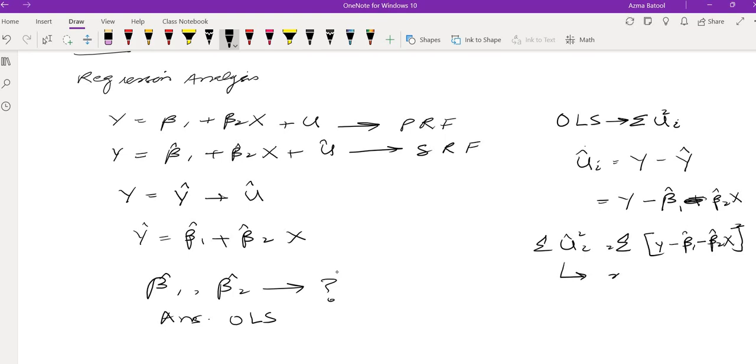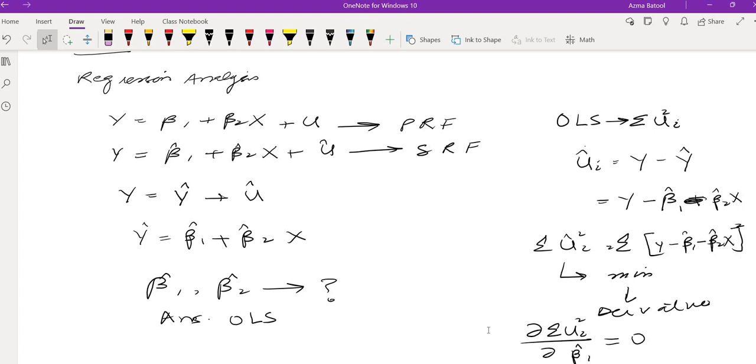And what we do is minimize it. For that we take derivatives. Partial of summation u i hat square with respect to beta 1 hat, because we want to know it, and we equate it to 0.